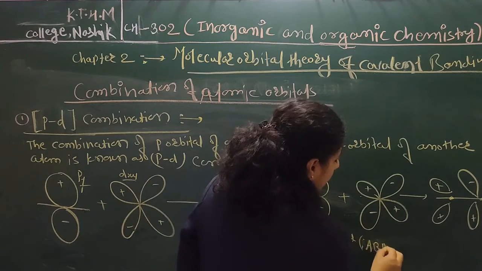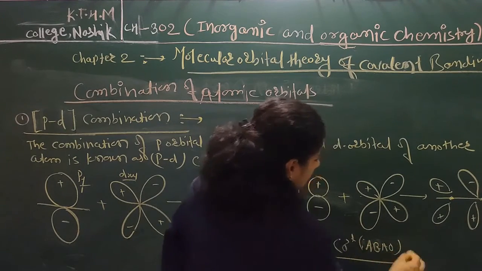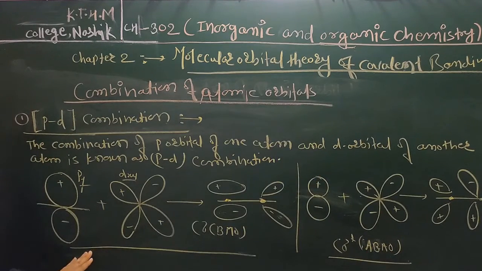This pd combination generally takes place in carbonyls and cyanides, that is, it is generally observed in transition metal complexes.